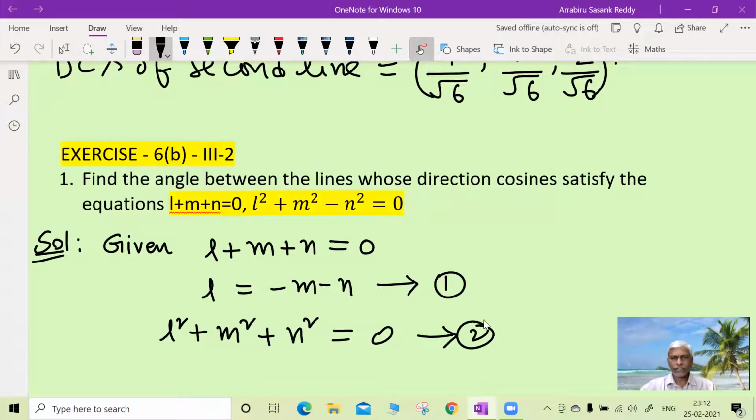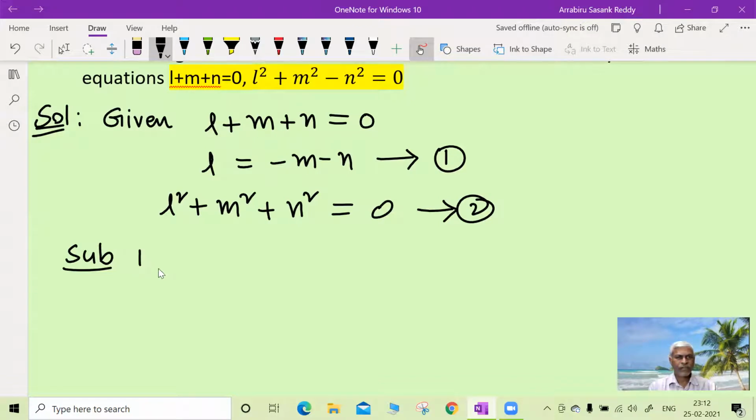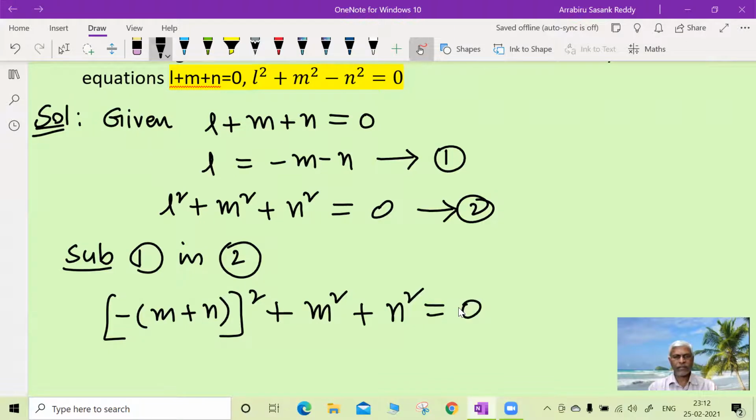Let us call it equation 2. Substituting 1 in 2, in place of l, minus m plus n, this can be written taking minus common. This is l square, m square, n square.